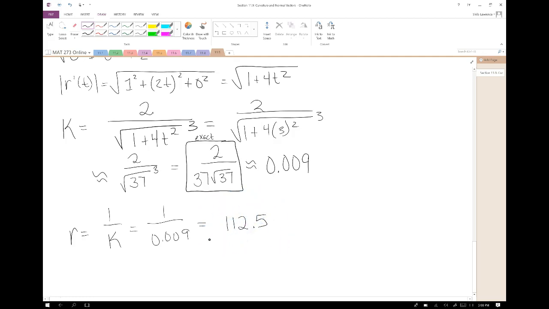So we must be at a spot on this curve where we're traveling in nearly a straight line, because our curvature is so tiny, and if we flip it, the radius of the tangent circle is so large.